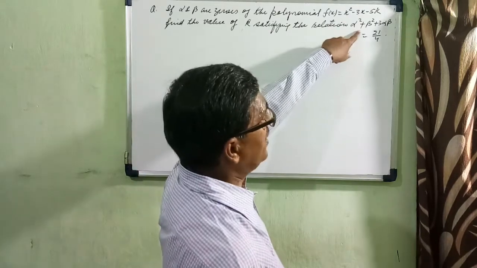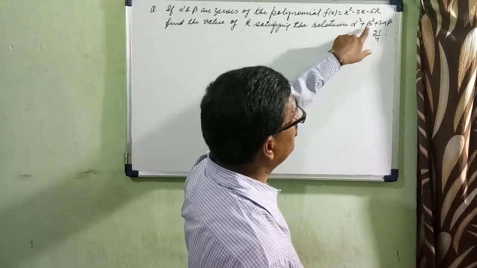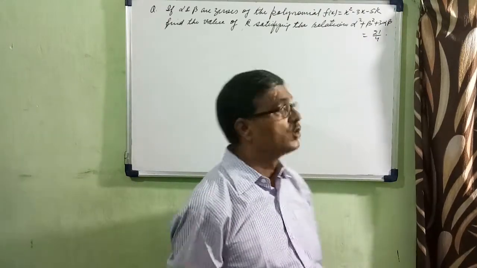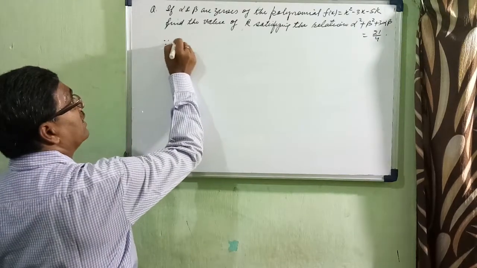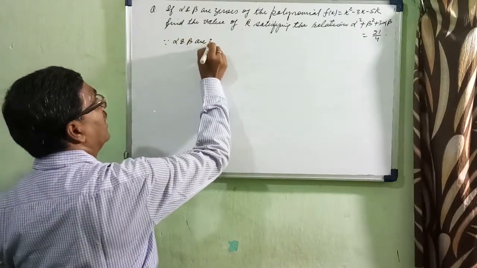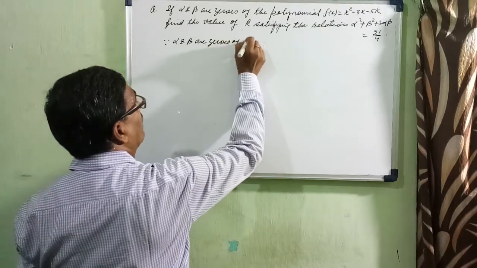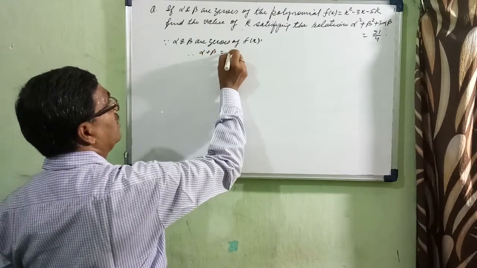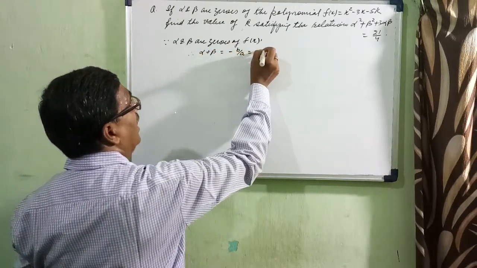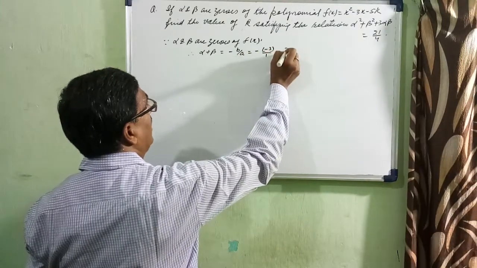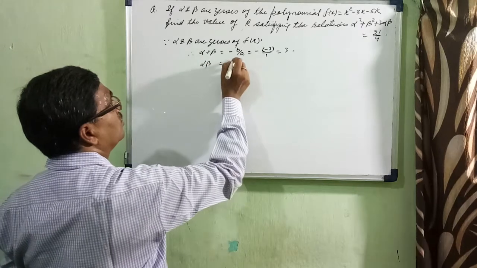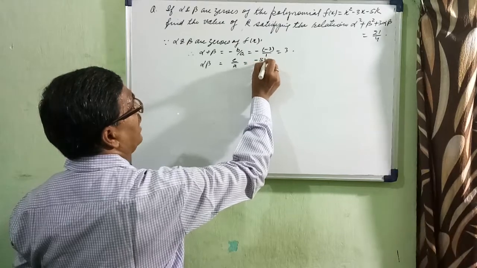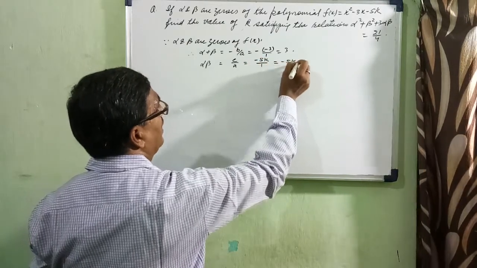You notice here alpha square plus beta square plus 3 alpha beta, you need to substitute the values after conversion into alpha plus beta and alpha into beta. So this will help you, since alpha and beta are zeros of f(x). Therefore, can you say alpha plus beta is equal to minus b by a, minus of minus 3 by 1, that is 3, and alpha into beta is equal to c by a, that is minus 5k by 1, that is minus 5k.